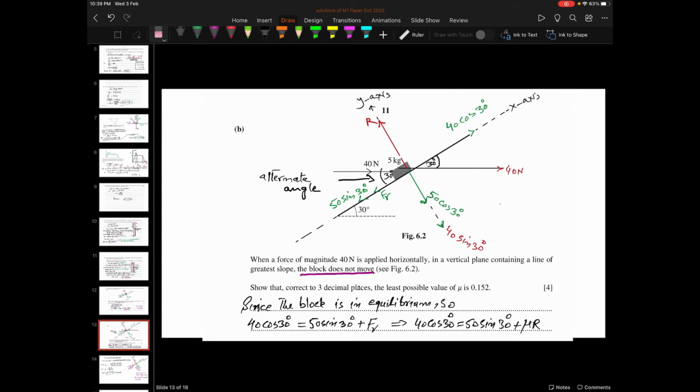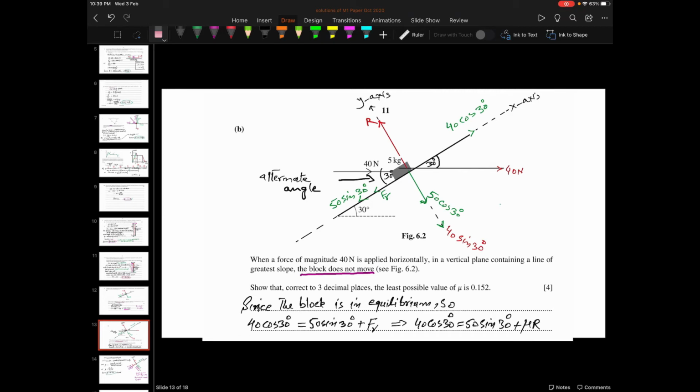From the figure, it is clear along the x-axis 3 forces are acting: 40 cos 30 degree to the positive x-axis, and Fr and 50 sin 30 degree to the left.